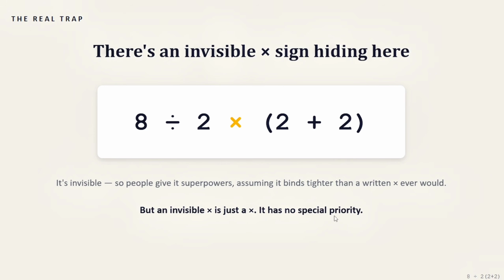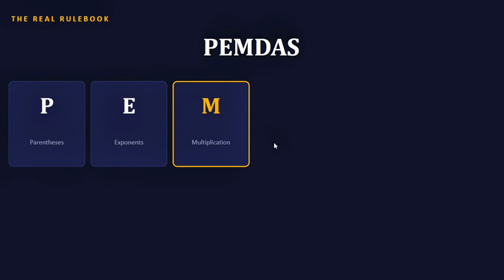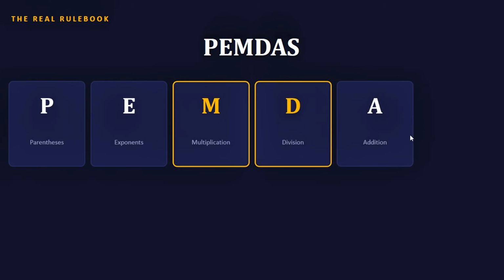Let's dismantle this carefully, step by step, using the actual rules of the order of operations that professional mathematicians and scientists apply. The framework we use is often remembered by the acronym PEMDAS: parentheses, exponents, multiplication, division, addition, and subtraction. But this is where we have to be incredibly sharp.